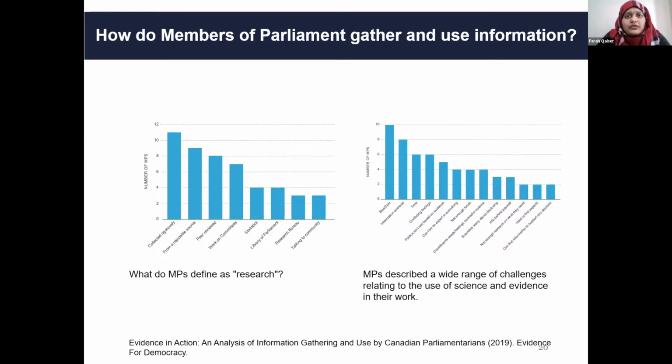There's also the issue of information overload, which I imagine is much worse today given our increasingly virtual world. So this idea that there are so many different sources that the members of parliament could use that they're unsure how to navigate that. Time is, of course, a limiting factor. Then there's conflicting findings between research sources. Others include that politics isn't just based on evidence, so this idea that science does not exist in a vacuum.